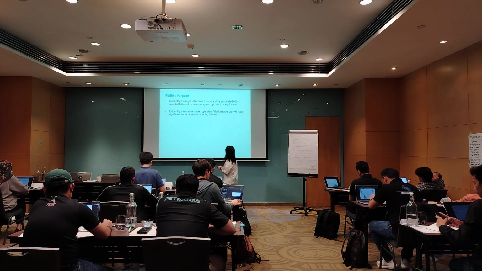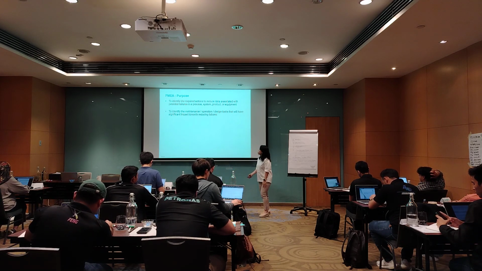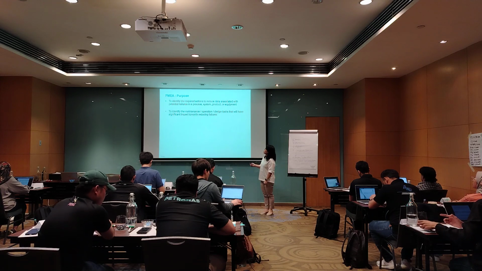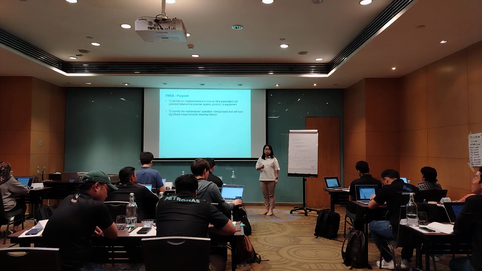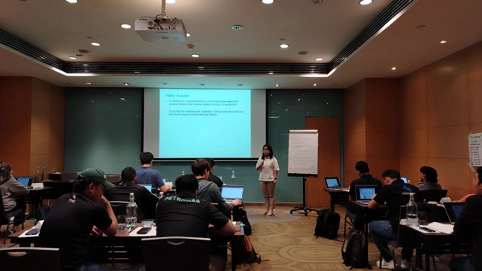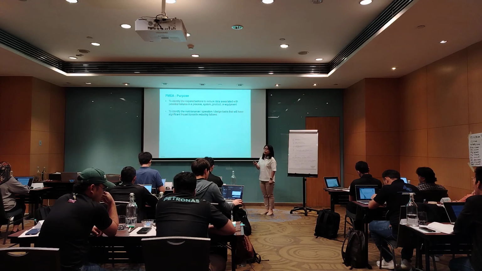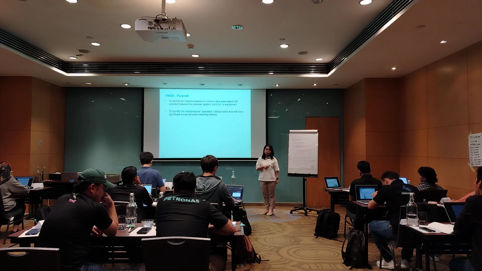To identify the maintenance, operation, design tasks that will have a significant impact on reducing the failures. Meaning to say, what kind of tasks you need maintenance to do for you, what kind of tasks operation needs to do for you, the kind of tasks that will significantly reduce the failures that you identify in your FMEA.